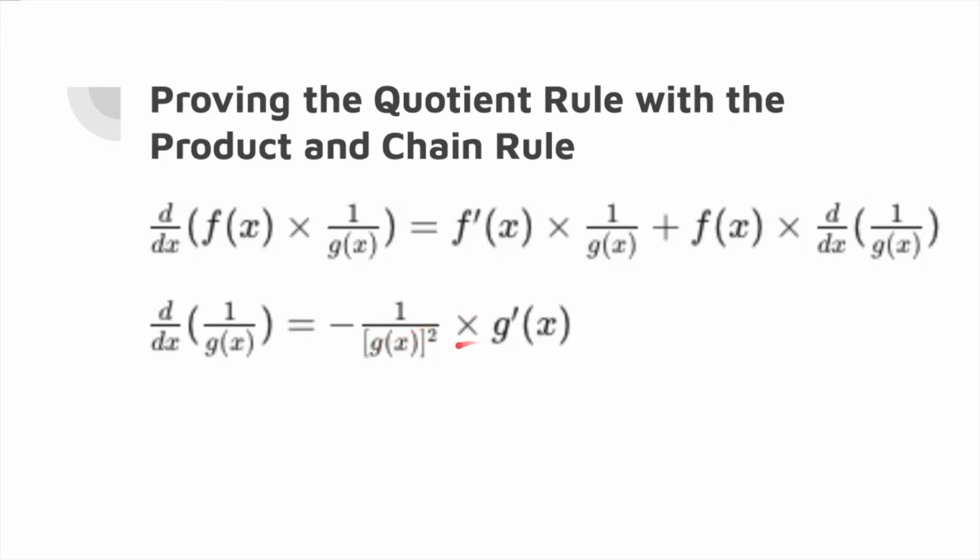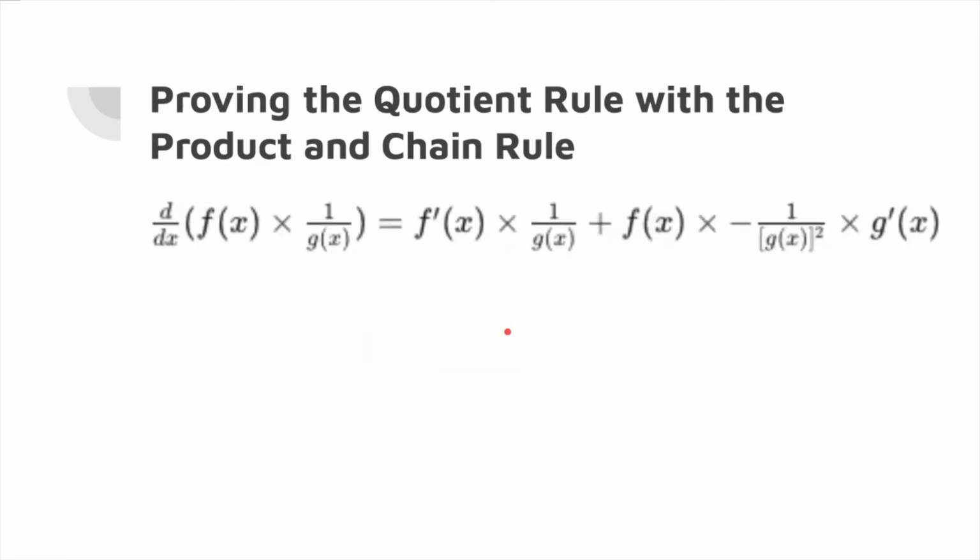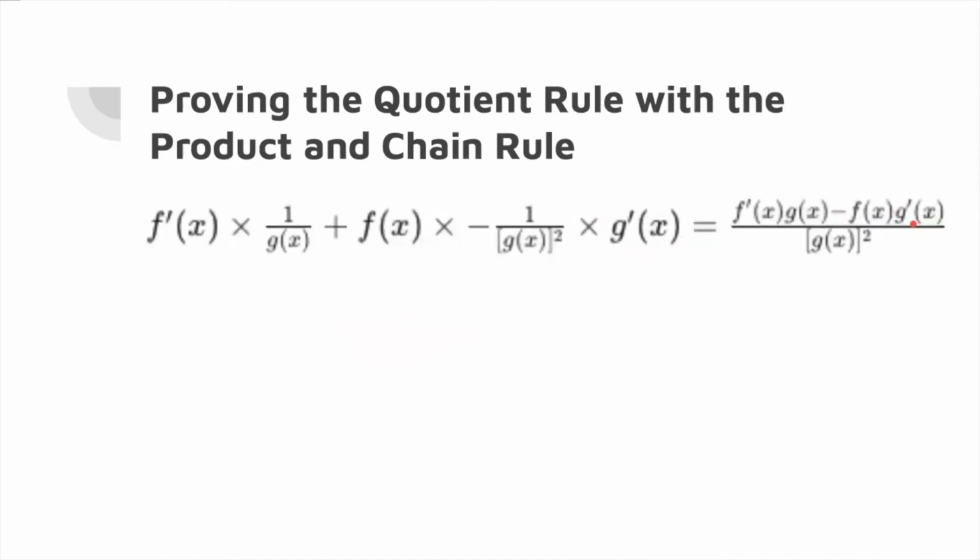And then we multiply by the derivative of the inside function, which is g prime of x. All right, and then plugging everything back in, we get this. And then if you simplify, you can multiply the numerator and the denominator of this term by g of x, and then you get a common denominator, and then you get this, which is the quotient rule.